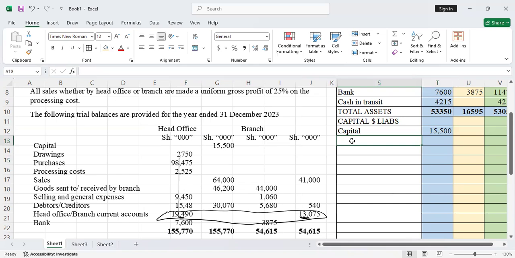Okay. We have the capital there. Net profit, the branch made a net profit of 96.90. Then we have drawings of 2750.